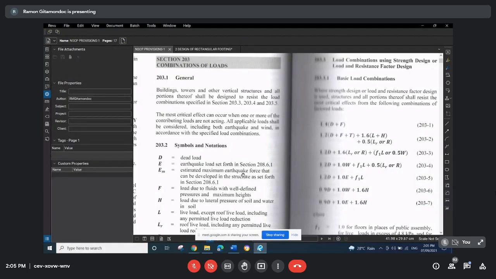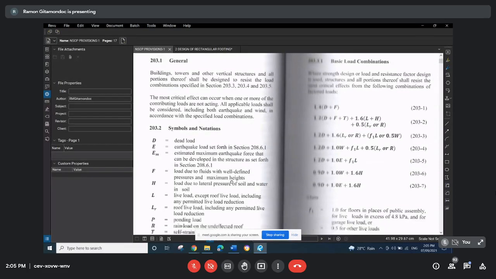But in actual design practice, there are more than that, no? Section 203 of the code gives us the minimum required load combinations to consider in design. It states here that buildings, towers, and other vertical structures and all portions thereof shall be designed to resist the load combinations specified in this section.